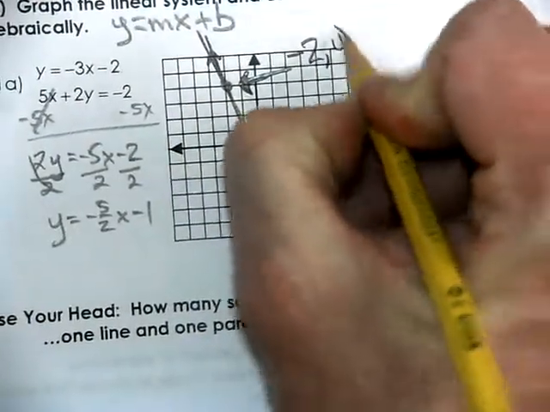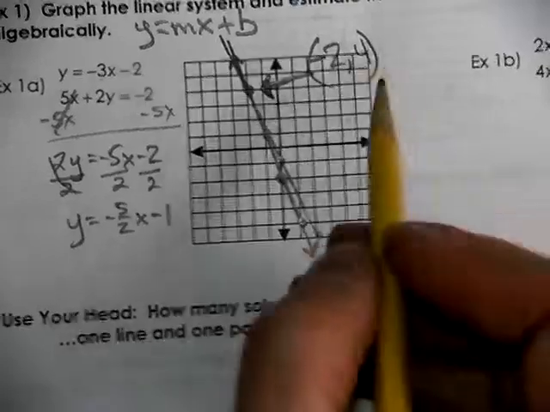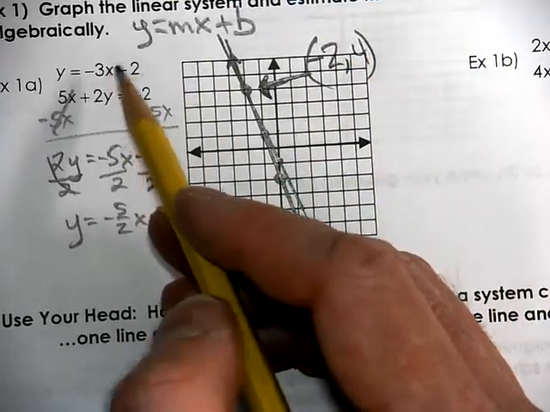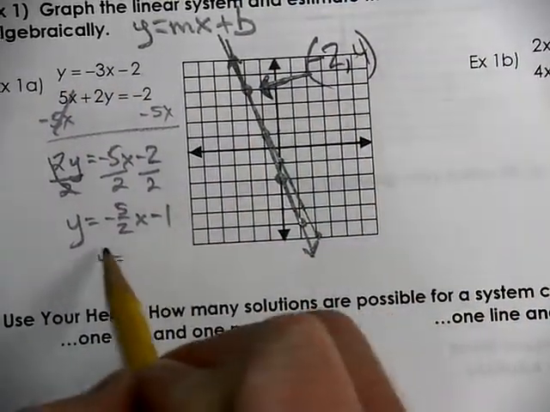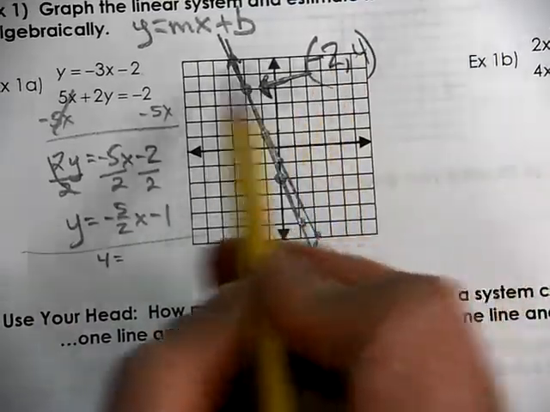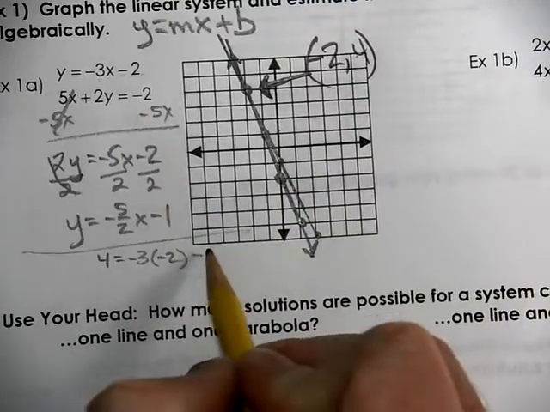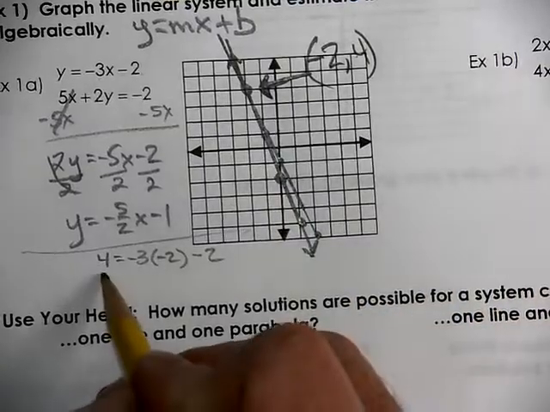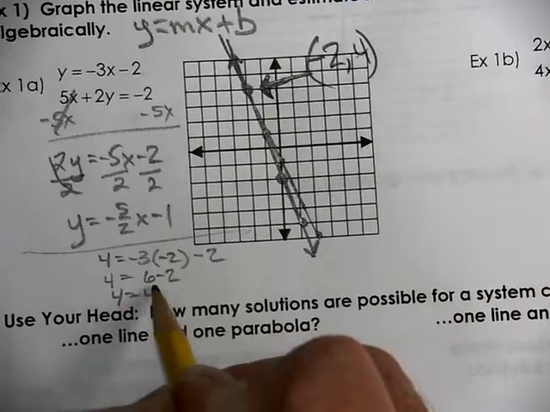-2, 4. That's our solution. Now, what does a solution mean? A solution means that if you plug this point into the first equation, where my y value is 4 and my x value is -2, I have 4 equals 6 minus 2, so 4 equals 4.